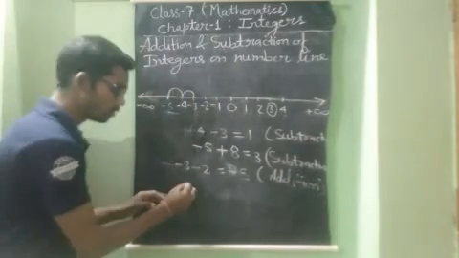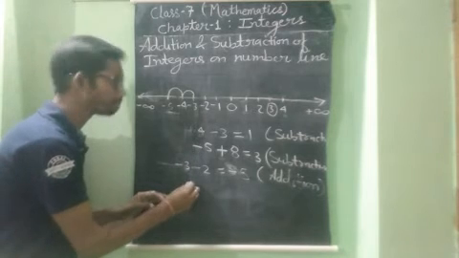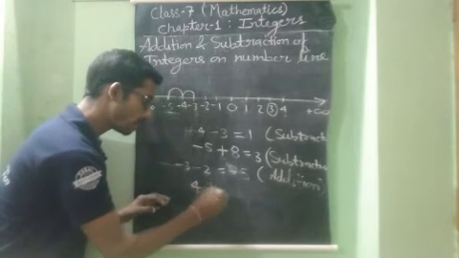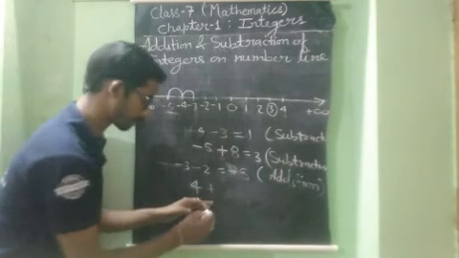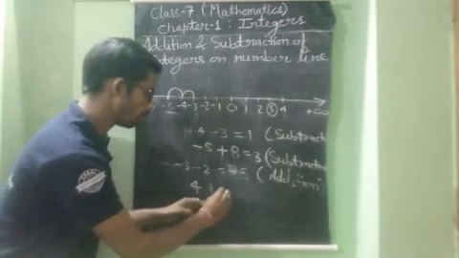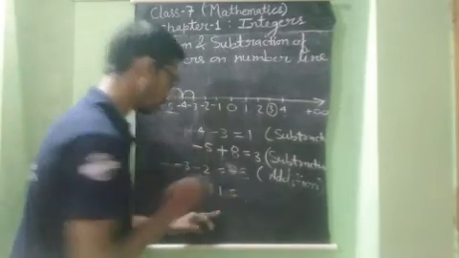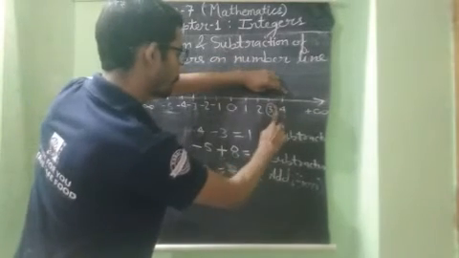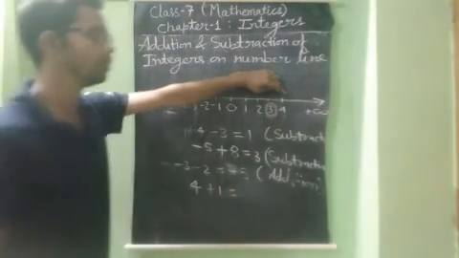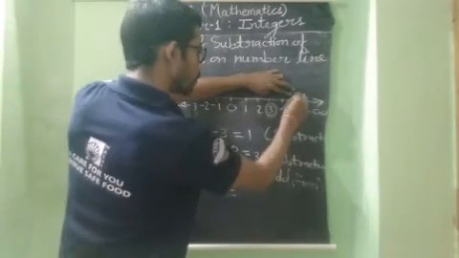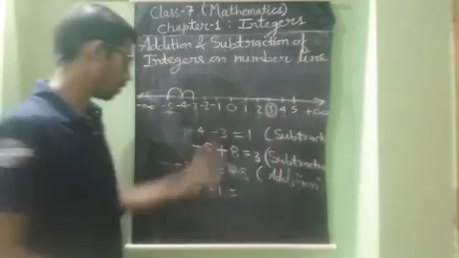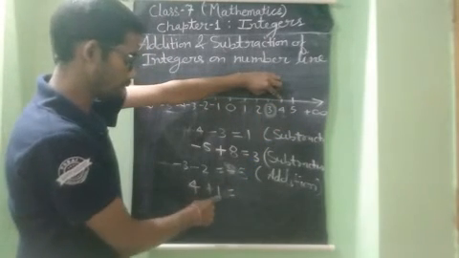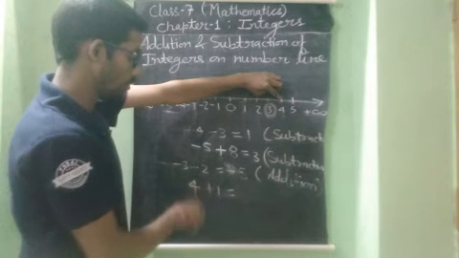Similarly, suppose you have to add 4 plus 1. 4 is a positive integer. First of all, plot 5 here. You have 4 here, and you have to add 1 on 4.